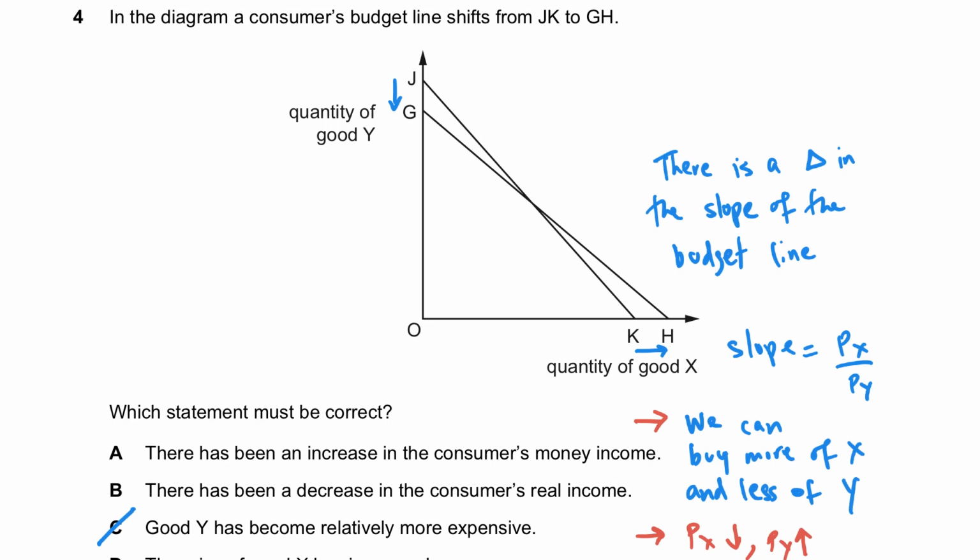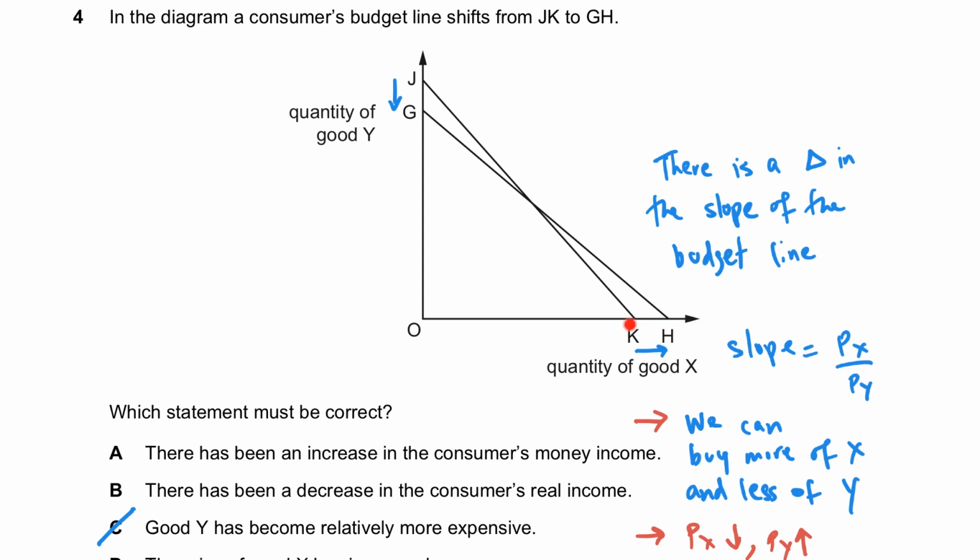Question 4 is about budget line. In this diagram, the consumer's budget line is shifting from JK to GH. You can see you can now buy more of X while buying less of Y. Also, this is a non-parallel shift, which means there is a change in the slope of the budget line. Slope of the budget line is simply Px over Py. So the ratio of Px to Py is changing.